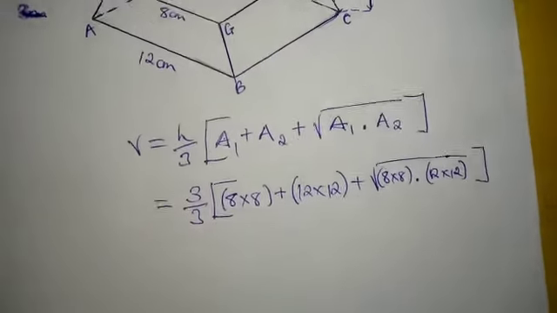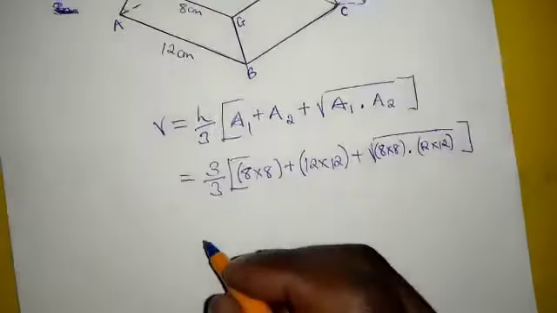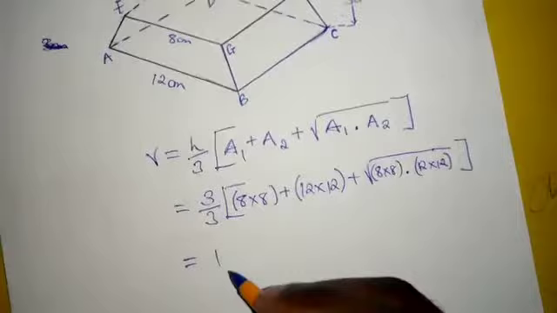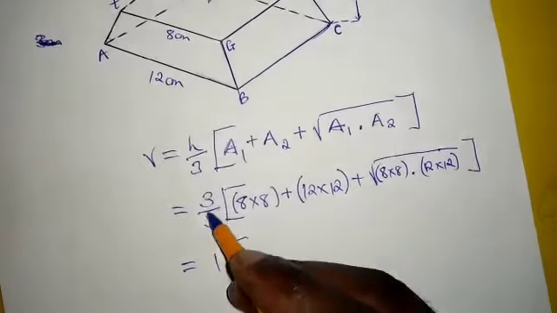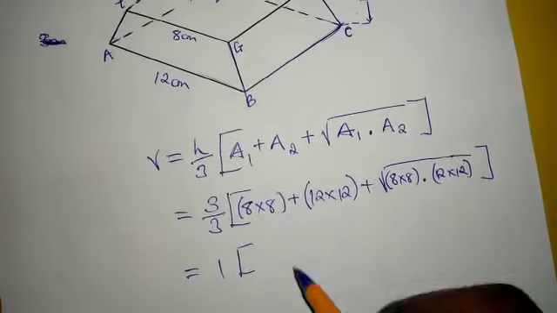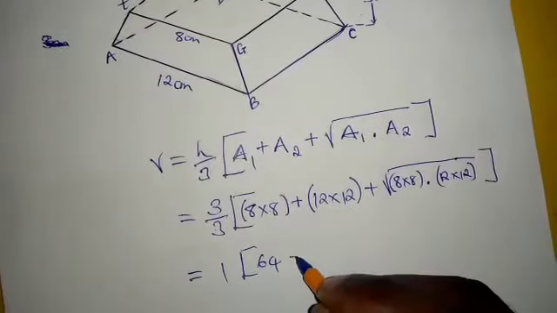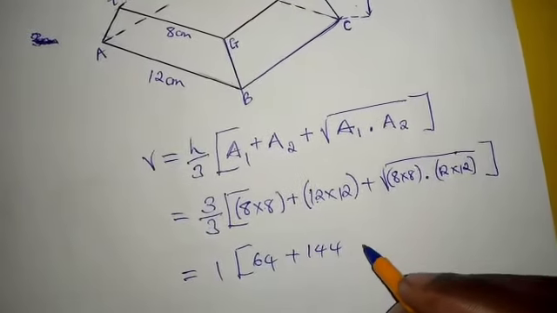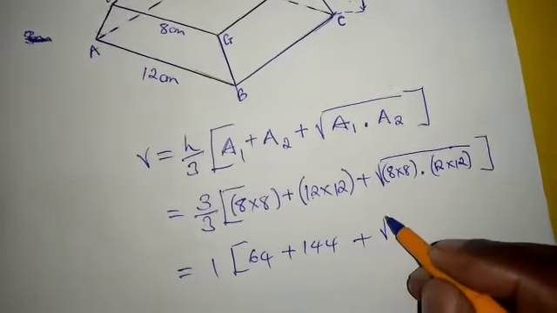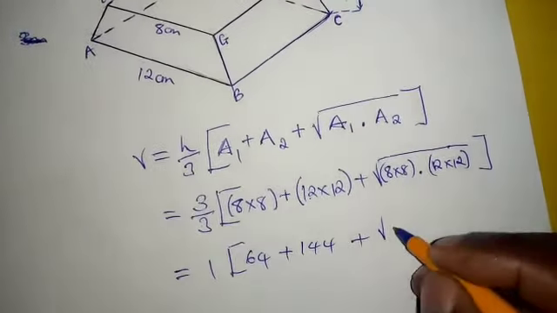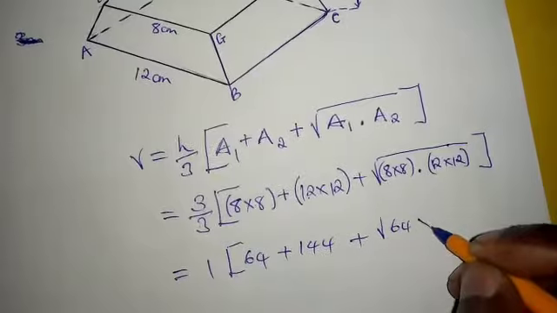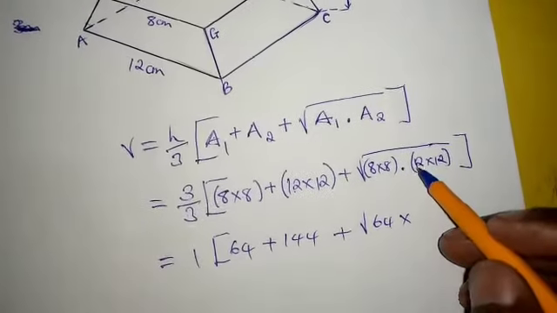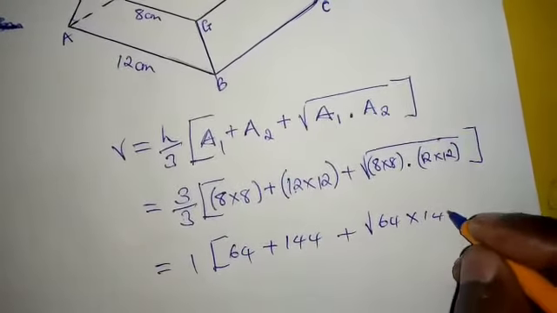Therefore, that will give us 1, since 3 divided by 3 is 1. 8 times 8 is 64, plus 12 times 12 is 144, plus the root. 8 by 8 is 64, times 12 by 12 is 144.